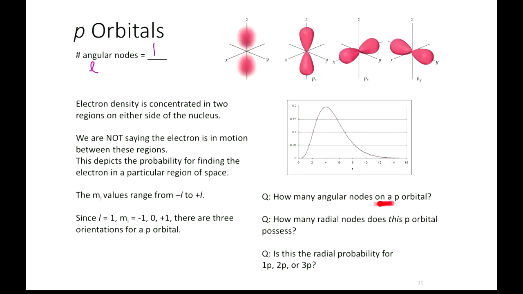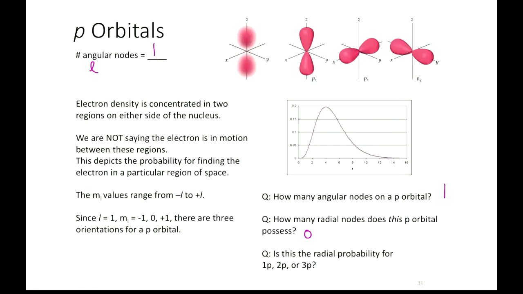Okay, how many angular nodes are on a p orbital? We already said 1. So how many radial nodes does this shape have? Okay, 0. Yes, it has 0. So if I told you that this is a p orbital, tell me what kind of p orbital it is.